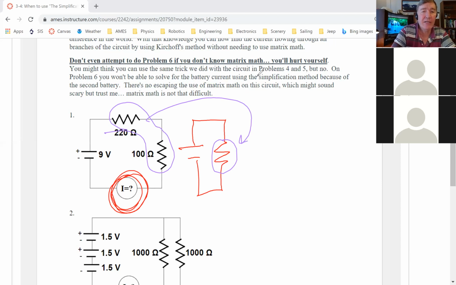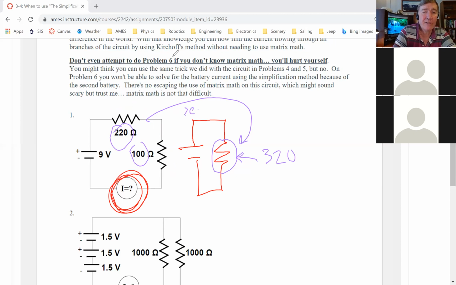Okay, so Presley, these two guys over here, are they connected in series or in parallel? Series. Okay, and so when you got the equivalent resistance, what number did you get for the equivalent resistance? 320. Okay, do you guys agree? Because if we look here, we've got 220, 100.